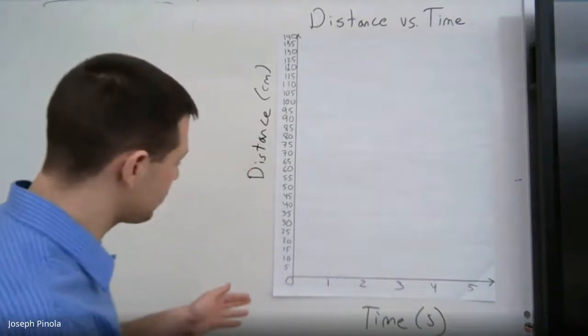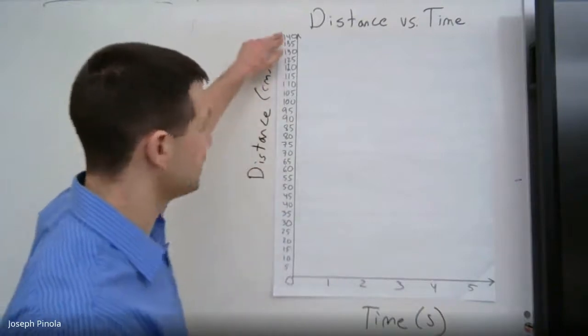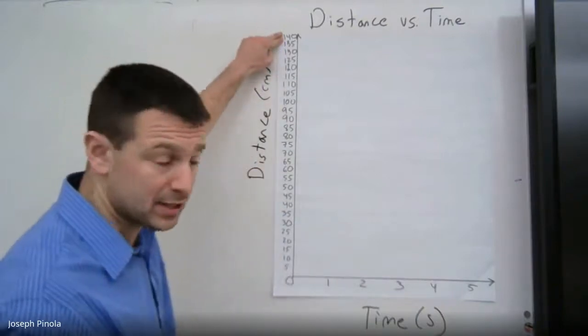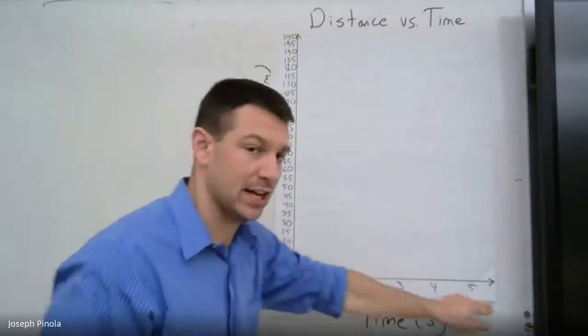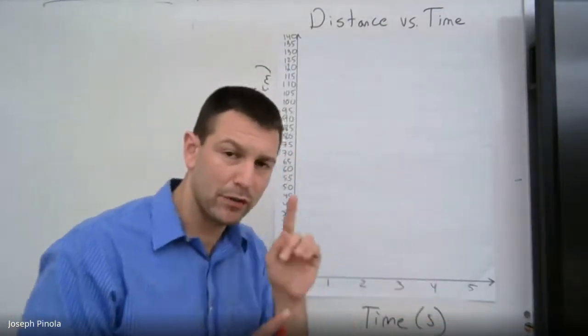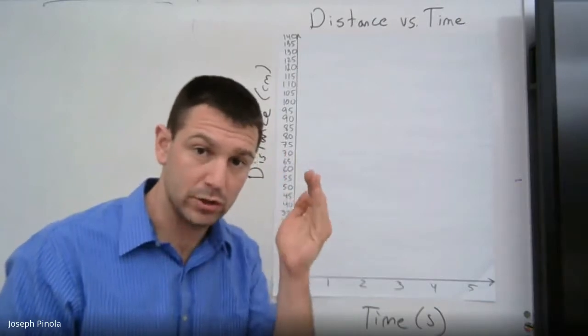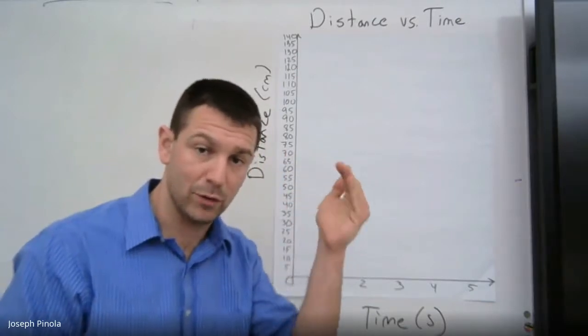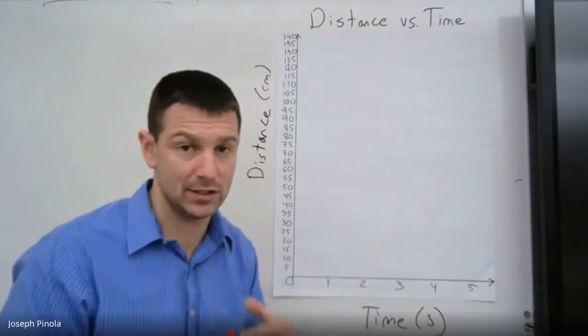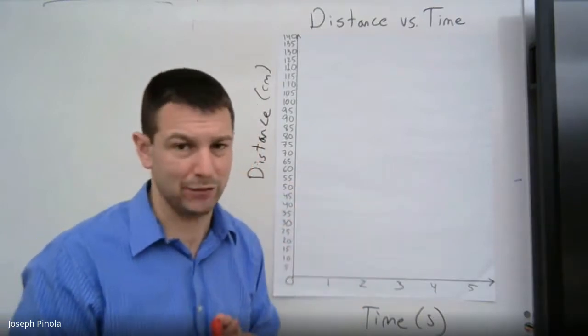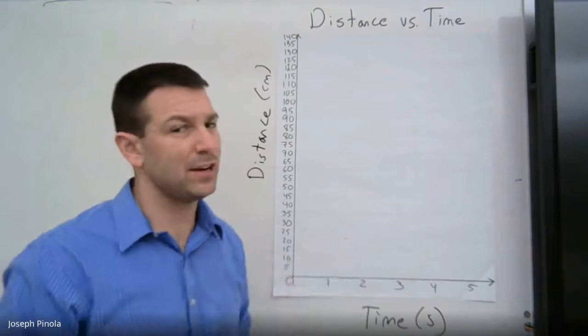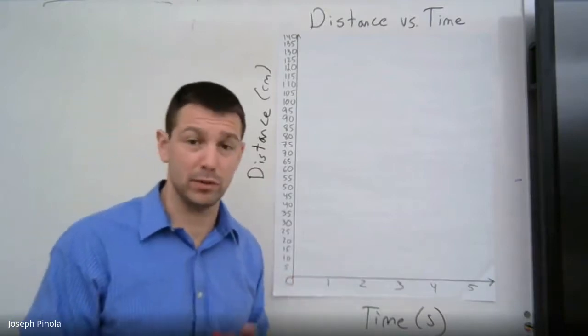Now, our red train, we know, covered a distance of 140 centimeters in 5 seconds. However, we want to focus on where the red train was after 1 second, 2 seconds, 3 seconds, 4 seconds, and 5 seconds to really give us a sense of what the graph looks like. Now, it was kind of hard to see from the video that we started with today.